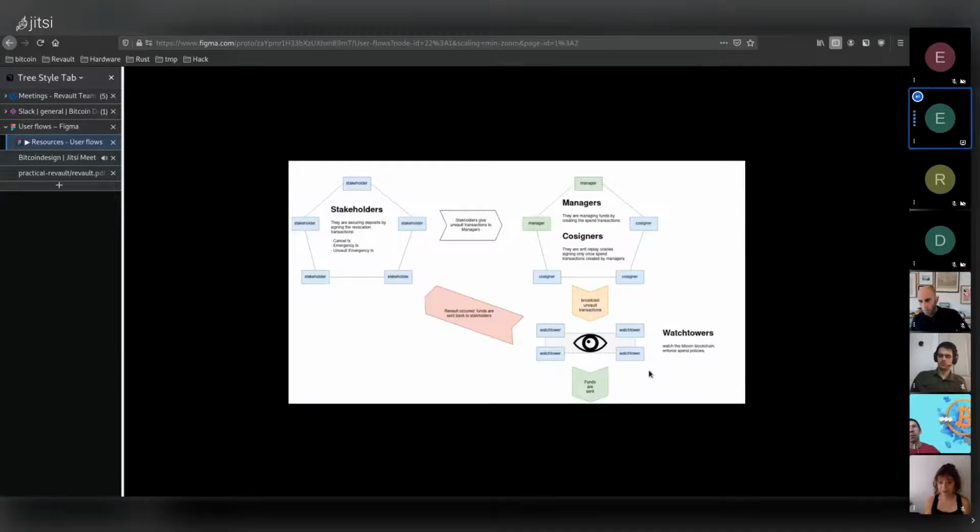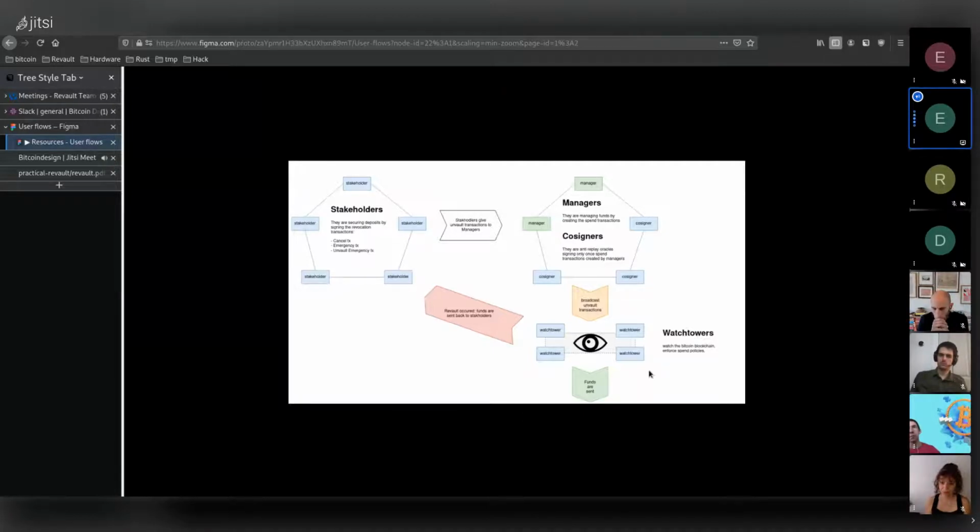Yes, actually, the stakeholders are giving the managers the pre-signed transactions, and the managers will specify new transactions which are spending the pre-signed transactions. And these pre-signed transactions can be spent by the watchtower, who can then just cancel the funds.